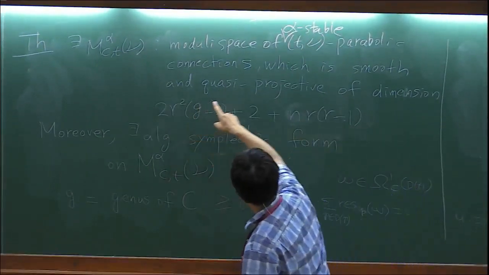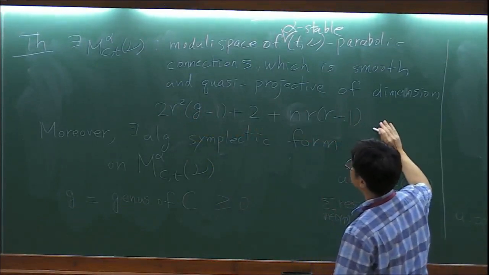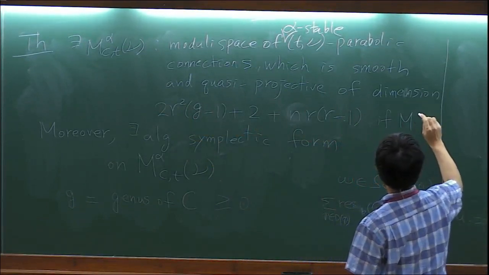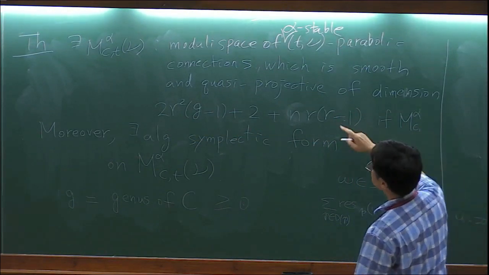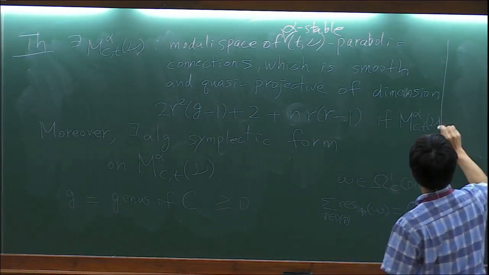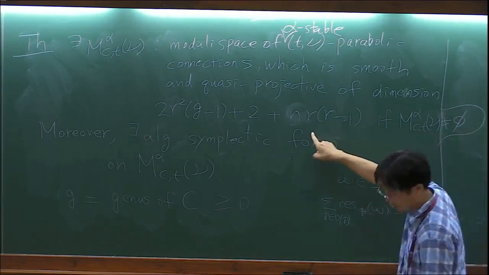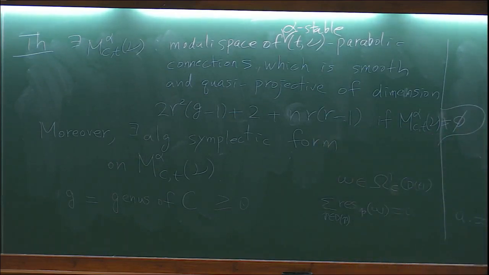The dimension is given by this number, but we should assume that the moduli space is non-empty. If the moduli space is non-empty, we have its dimension of this number.